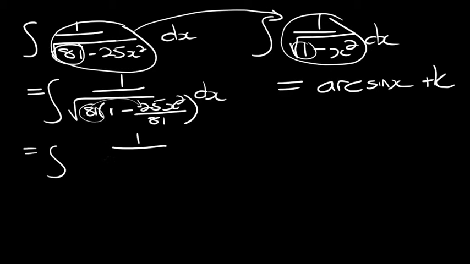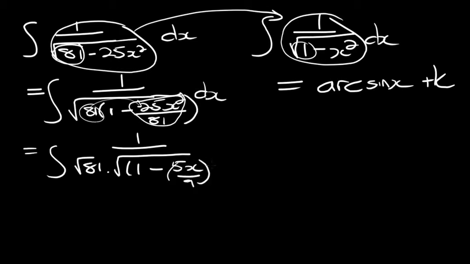You can just split the square root into 2, so you have square root 81 times square root 1 minus, and we can also put this as one term in a bracket with a square by doing the following. So you say 5x over 9 squared.